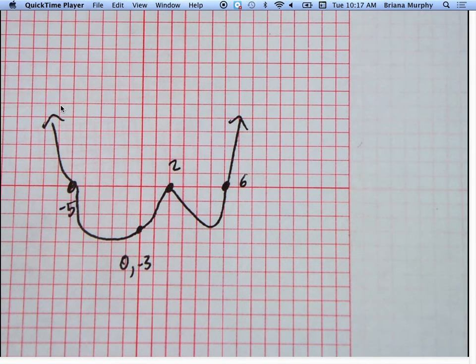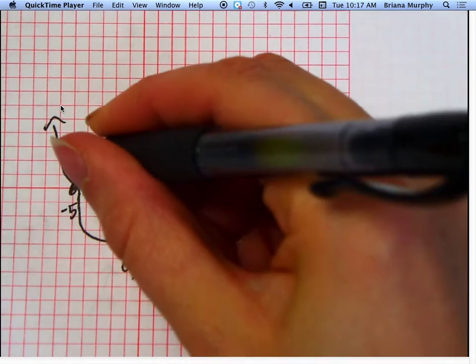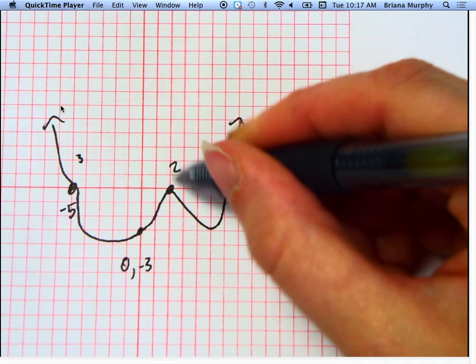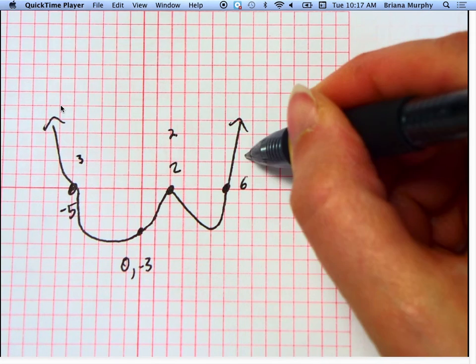Okay. Before I get started, I've got to figure out how many roots there are. How many roots would there be at negative 5? Abby, how many roots would there be at negative 5? 3, it's a squiggle. How many roots are there at 2? 2, right? And there's just 1 at 6.